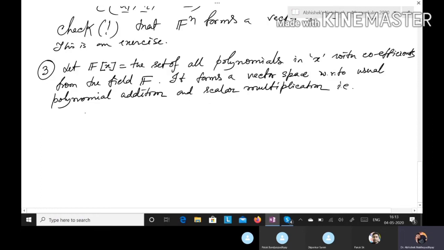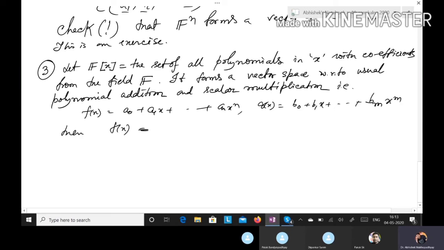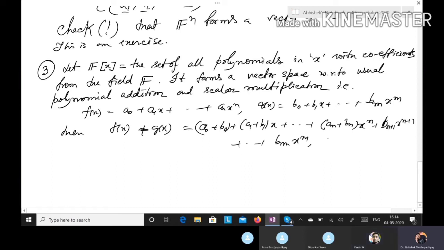That is, if you consider two polynomials, suppose one is f(x), that is a0, a1 x, ..., an x to the power n, and g(x) is b0, b1 x, ..., bm x to the power m, then one can define addition as just adding the coefficients component wise, that is a0 plus b0, a1 plus b1 x, and so on, assuming that n is less than m.